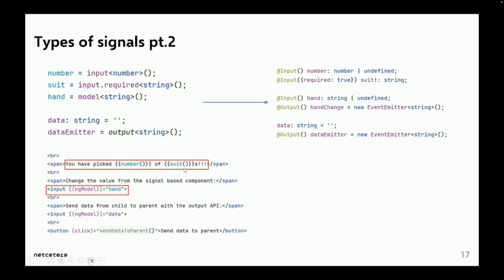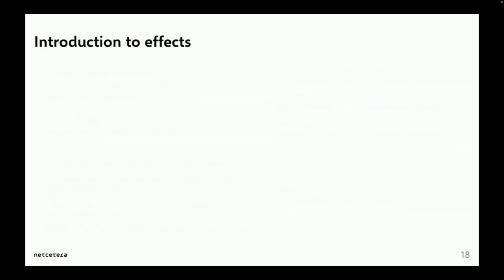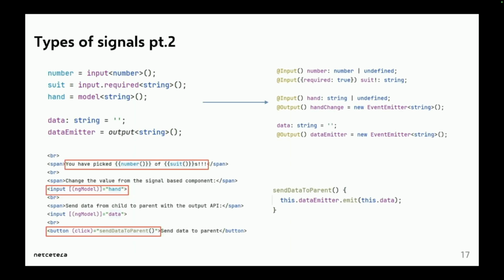And also what is important is that when you are using model signals with the ngModel directive, you need to pass the reference, but you wouldn't make the mistake of passing just the value because the compiler will inform you about this. And the last thing about the outputs, no changes there. You just use the emit method, which is similar to the output decorator, so you just pass the value from the child outside to the parent.